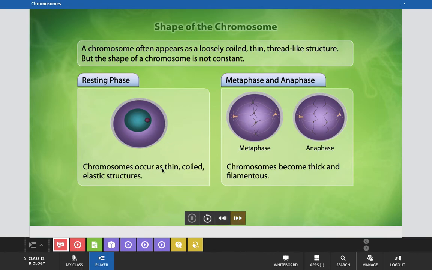Chromosomes occur as thin coiled elastic structures in earlier stages or the resting phase, but in the division phase, metaphase and anaphase, chromosomes become thick and filamentous, as you can see in this figure.